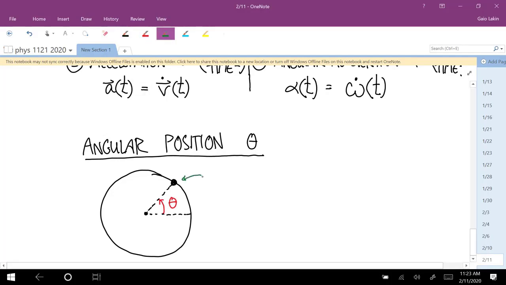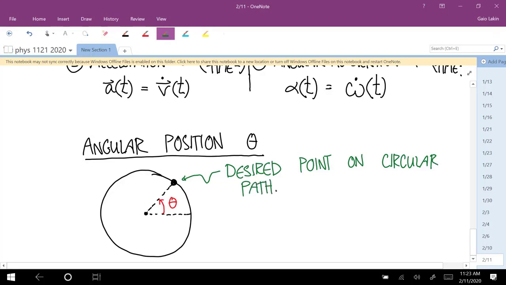So this is the desired point on the circular path. Okay, so this is in radians, I said, right?